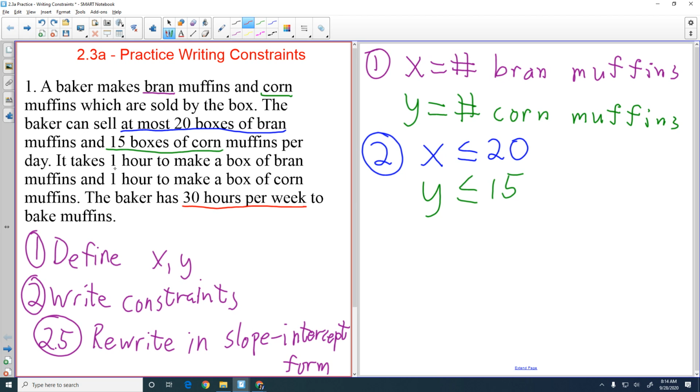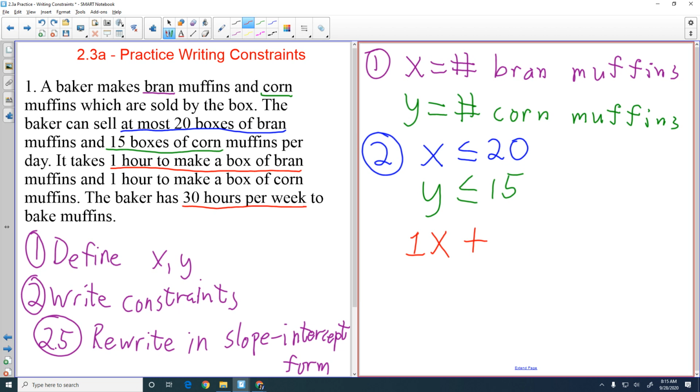So it's 1 hour for a box of bran muffins. Bran is X, so we can say that's 1 hour for every X, right? It takes 1 hour for every box of bran muffins. We write that as 1X. So if he baked 3 boxes of bran muffins, you do 1 hour times 3, that'd take 3 hours, essentially.